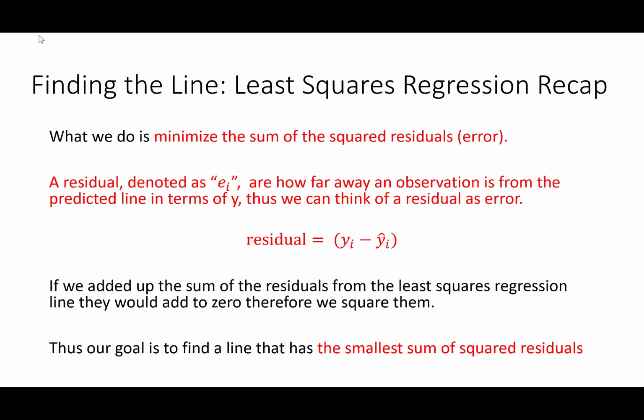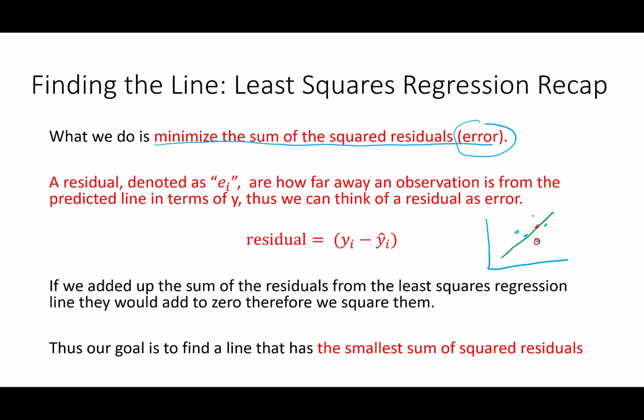Just so we have it in our notes, here's a little recap of what we just went over. We want to find the line that minimizes the sum of your squared residuals. You can think of a residual as error, right? Because if we were to fit a line through our data, so here the line goes through the data, any point that is not on the line, like this one, your line isn't doing a perfect job of predicting.